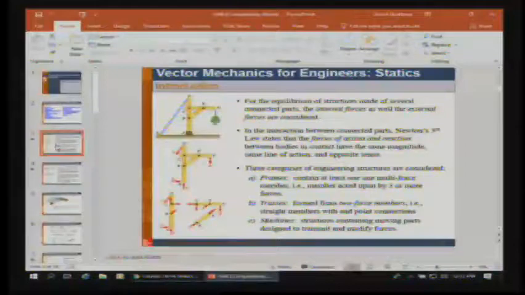So first of all, what are we talking about when we discuss the idea of a truss? Well, the structure shown on this slide is not a truss. This is actually a type of a frame. But basically, we are looking at the internal responses.